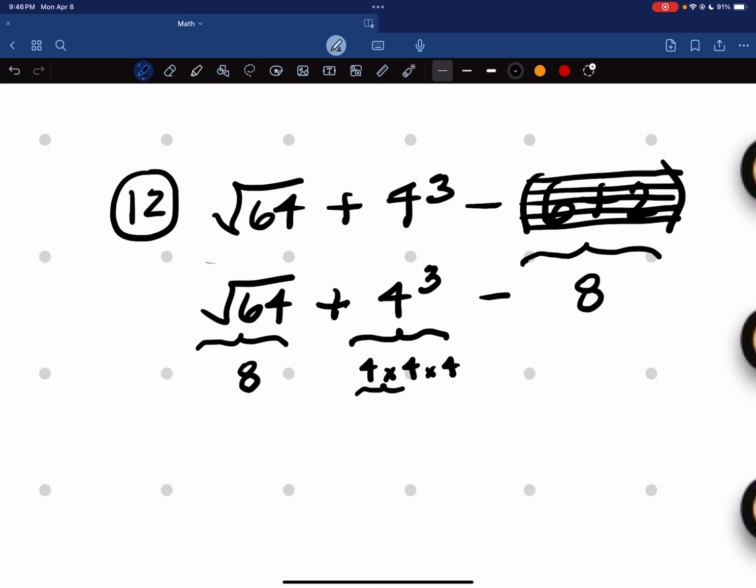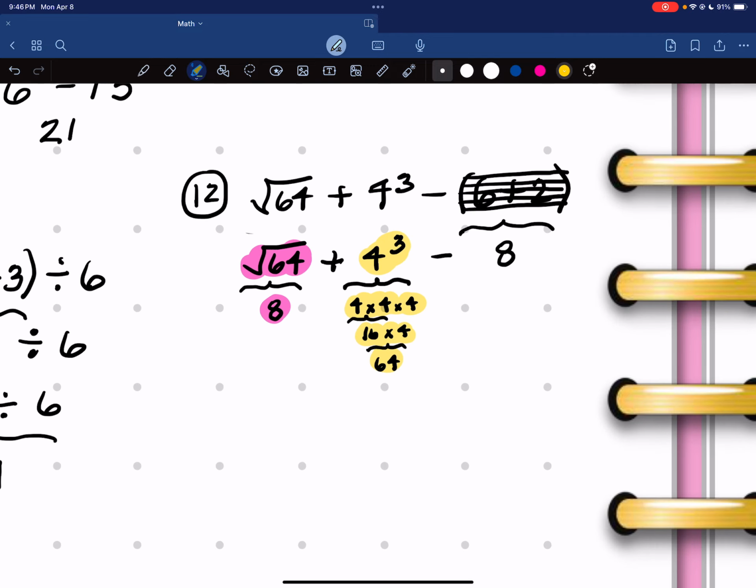So 4 fours are 16, and 16 times 4 is 64. So when I do, let me highlight, because this one's quite a bit more to deal with. We have the square root of 64. And then we have 4 to the third power. You guys know how I feel about color coding. I love it. It really helps you to organize the steps in your mind.